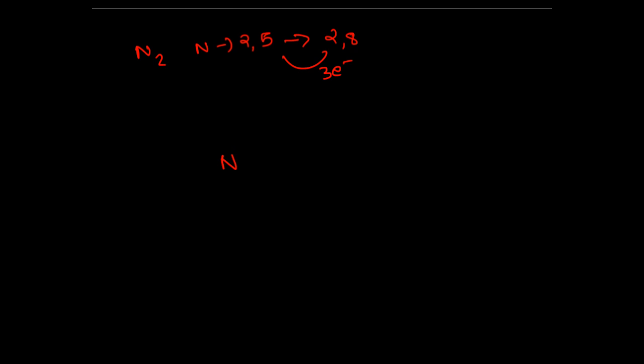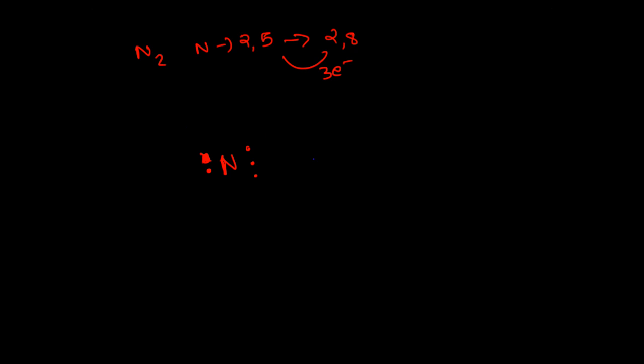And since we are just denoting the outermost electrons in each case, you must remember that. Nitrogen has 5 electrons in its outer orbital, and since 3 are involved in bonding, I will make 3 electrons at this side and 2 as a lone pair, that is the pair that is not involved in bonding.